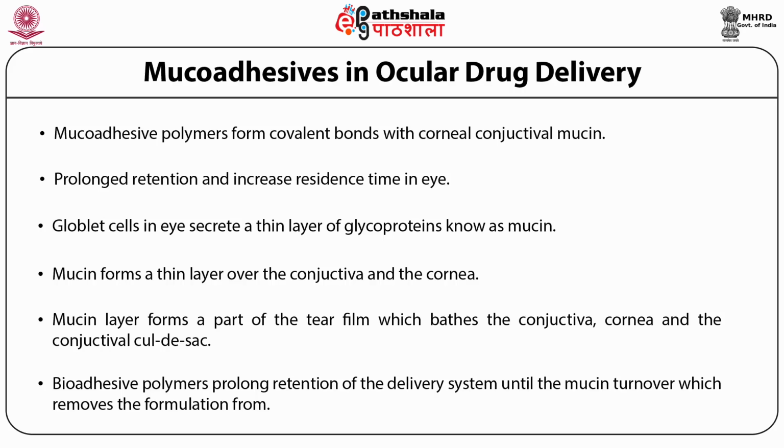Mucoadhesive polymers like chitosan, carbomers, hyaluronic acid, and cellulosic derivatives are abundantly used for the purpose of getting mucoadhesion behavior.